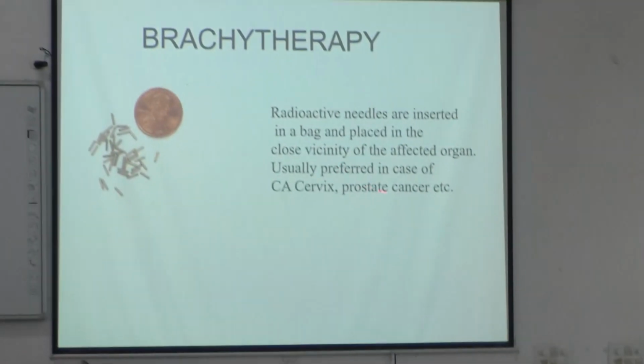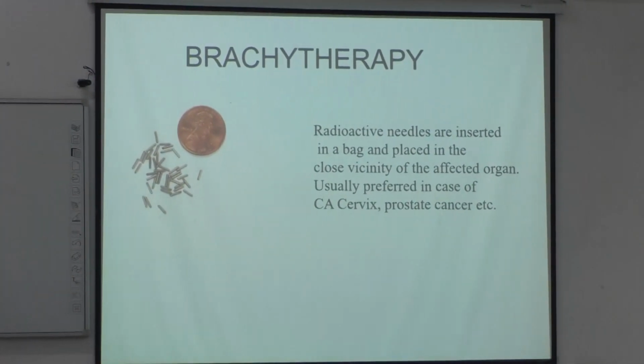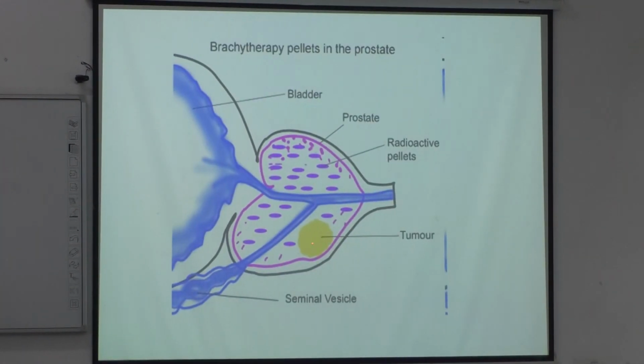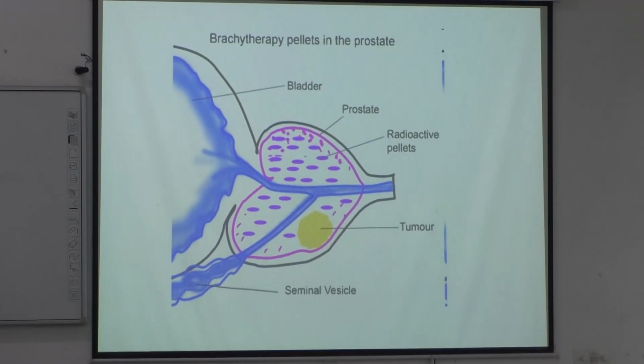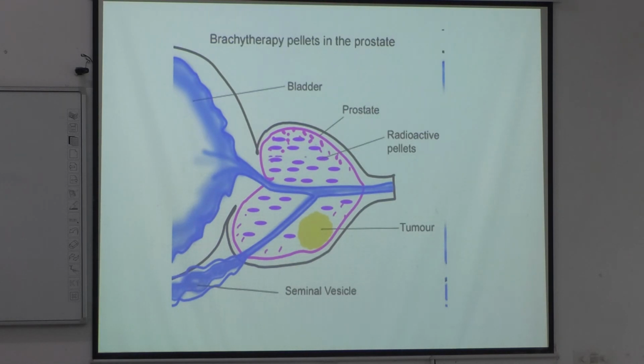Cervix, prostate cancer, for this purpose it can be used. Like this. There is a tumor here. How do you approach this? Transurethral way, we can place the needles inside. Can we approach the urinary bladder? How? Catheter. So placing a simple catheter through which we can place the needles inside the urinary bladder.